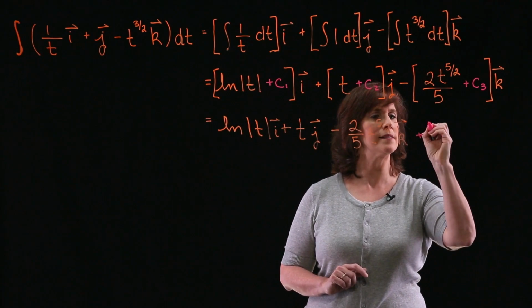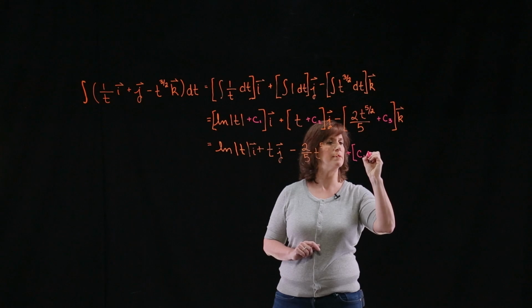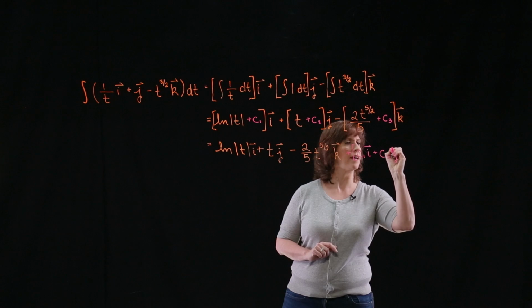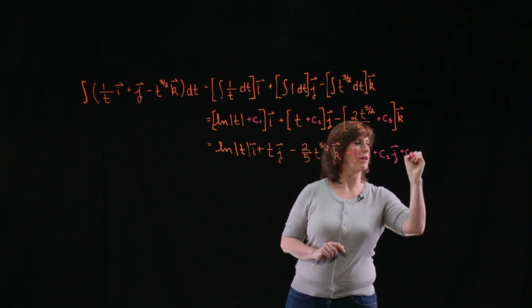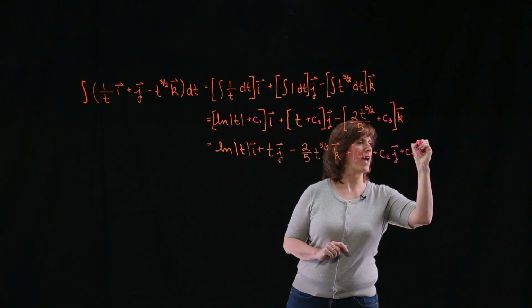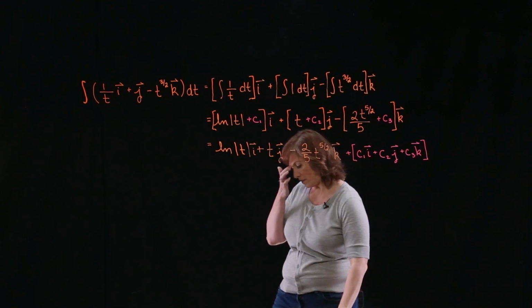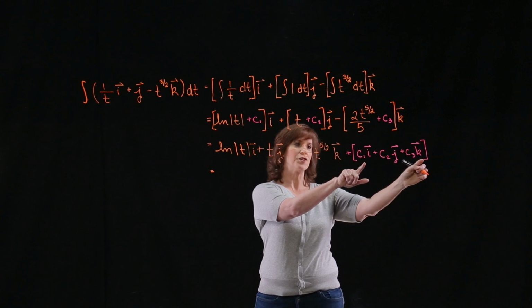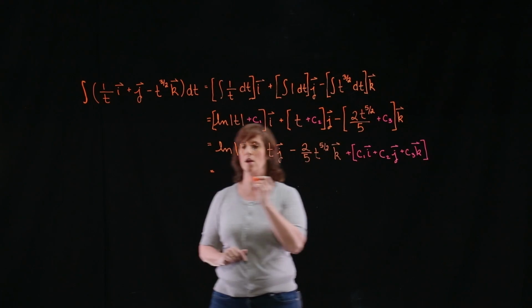So this will be plus c1 times vector i plus c2 times vector j plus c3 times vector k. Notice that my constant turned into a constant vector.